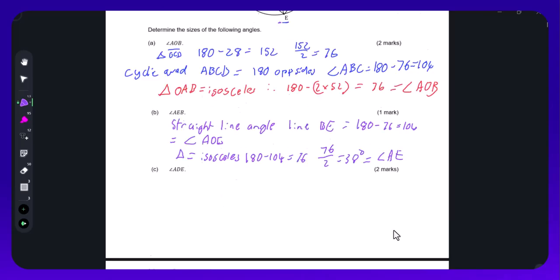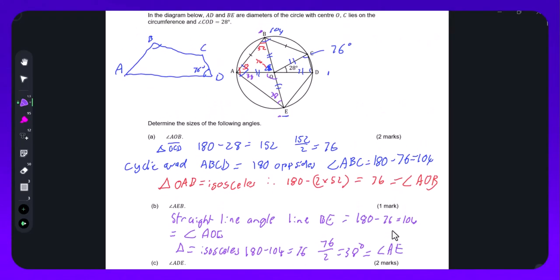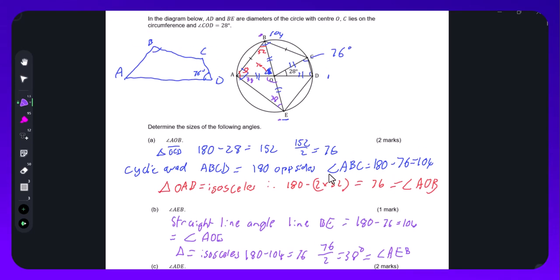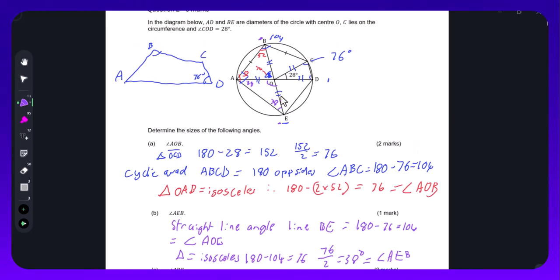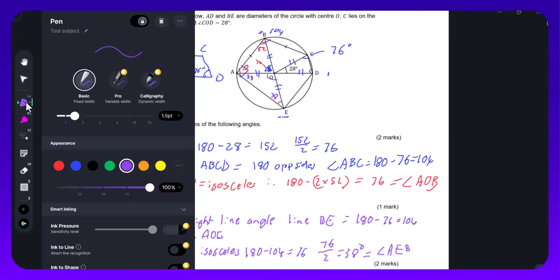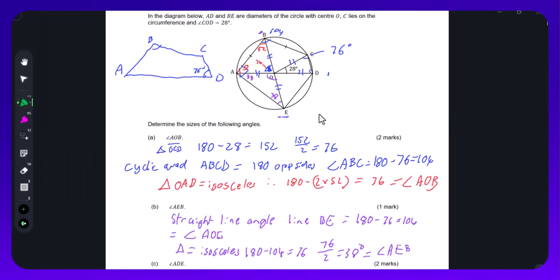Okay, and AED is the last thing I need. We've just got to measure the angle. We'll go a different color again. Let's go green.